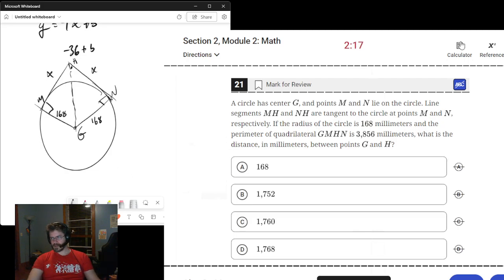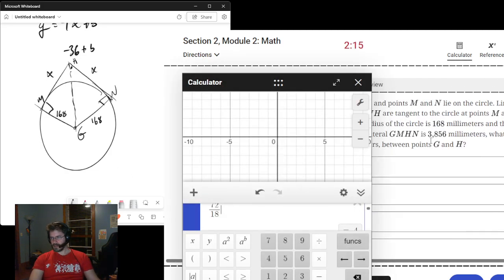So the perimeter 3856. Let's clear that out. 3856 minus the radius twice, because that's two sides of the rectangle.